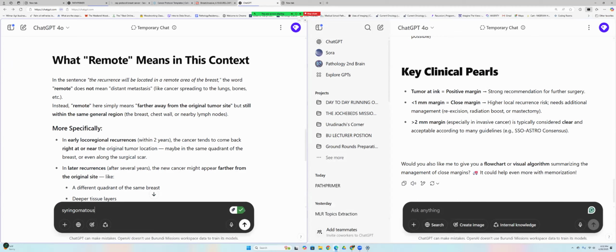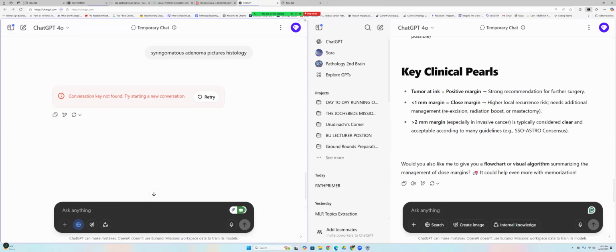Which one is different? Which picture is different? What color is this nose? What color is this nose?